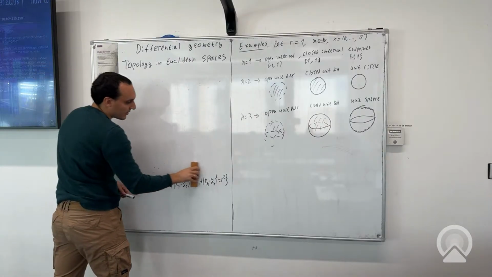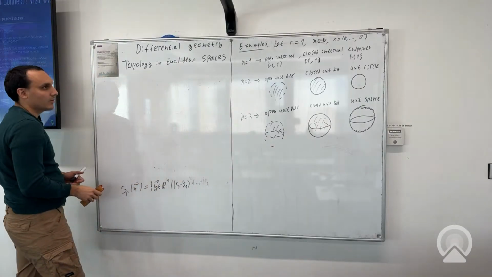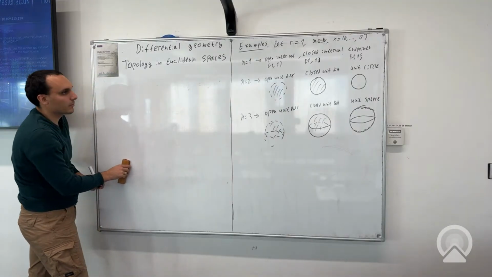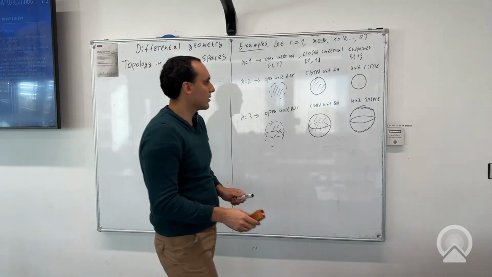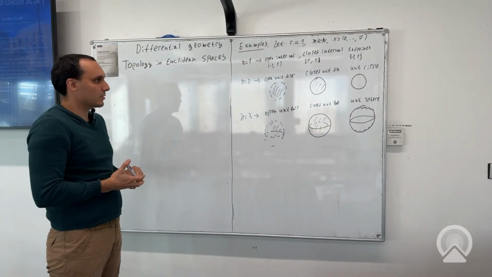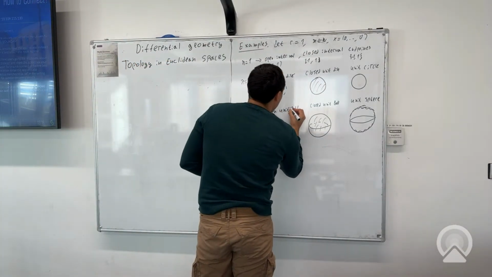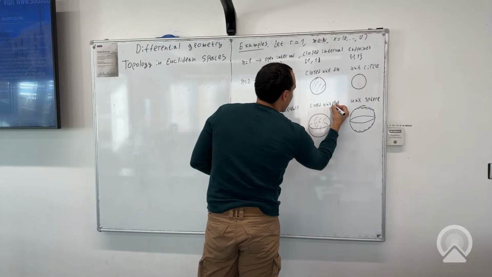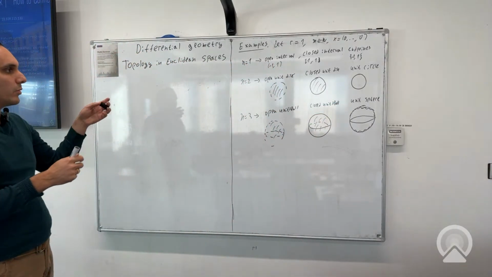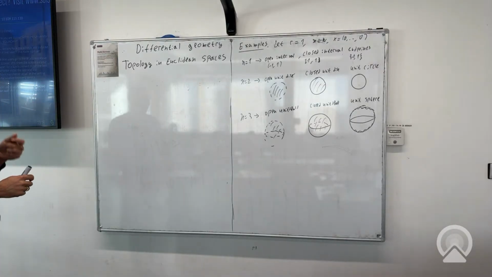So these are the archetypal examples in units, the unit ball, and maybe this should be called the 3-ball, because there is the m-ball in general for general m.